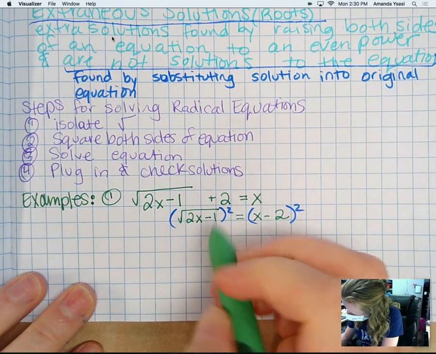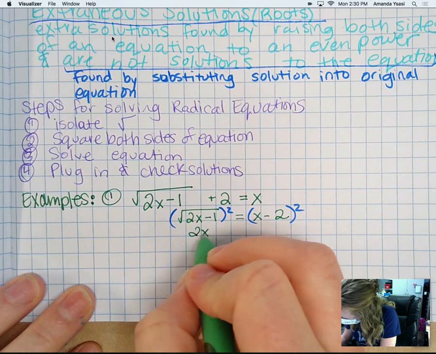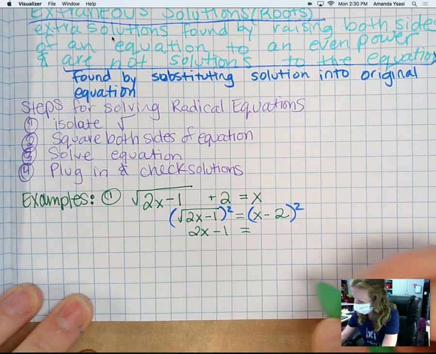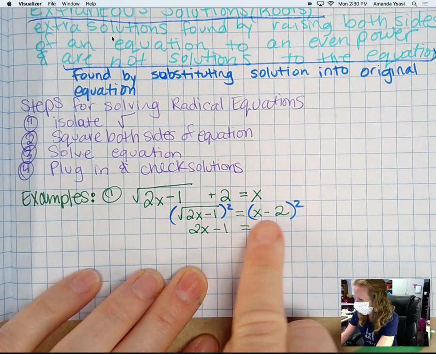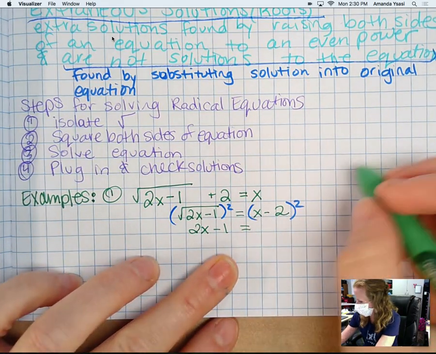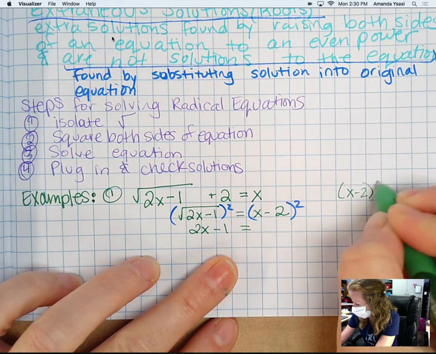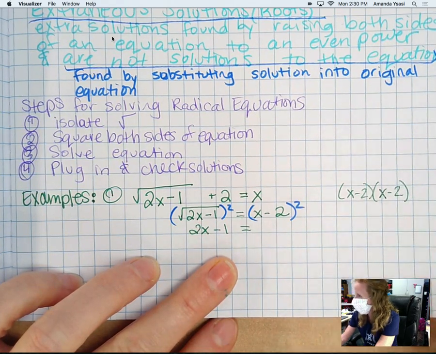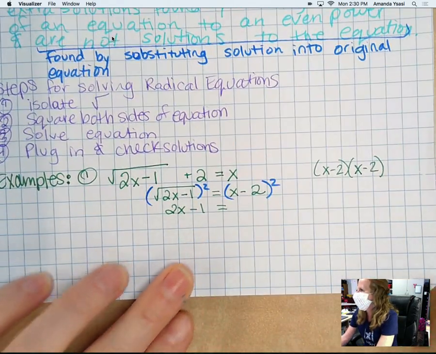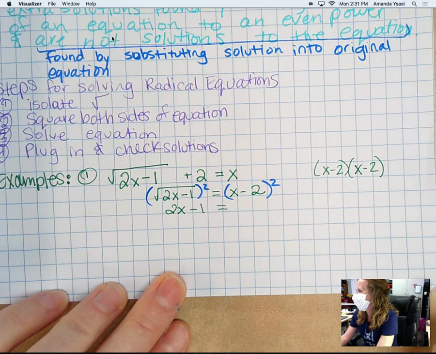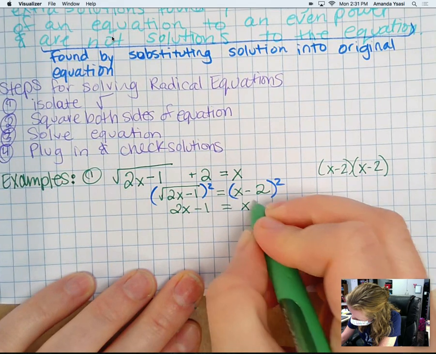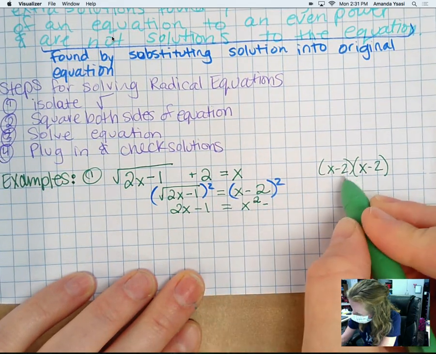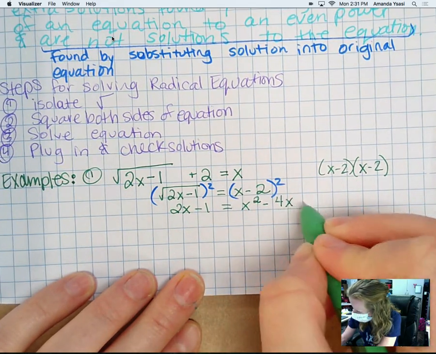Square root squared will cancel, so this will leave 2x minus 1 equals x minus 2 times x minus 2, and that would be x squared minus 4x plus 4.